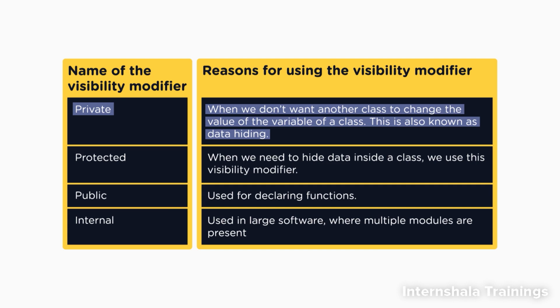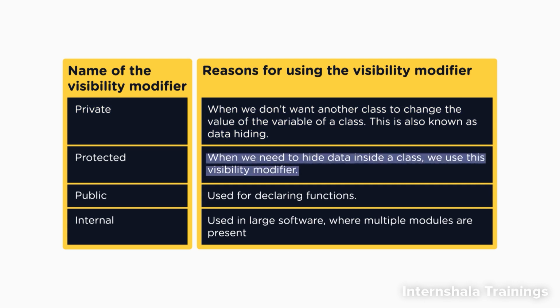Sometimes, when we work on large-scale projects being handled by multiple people, there may be a chance that variables in two different classes may end up having the same name. Now, if both these variables were public, it would create conflict, and hence it is better to declare them private. In this way, the variables of a class are hidden from the other classes, and hence the term used is data hiding.